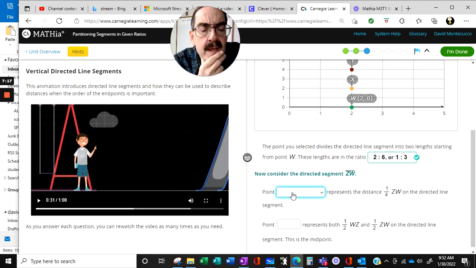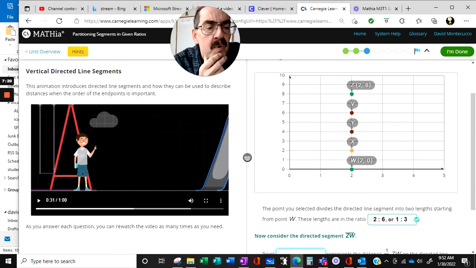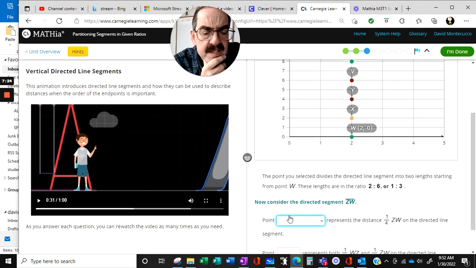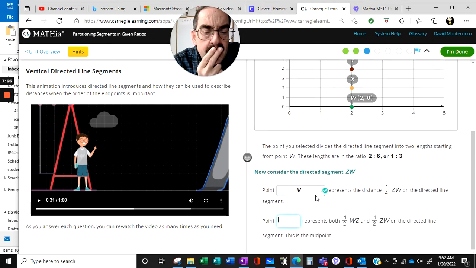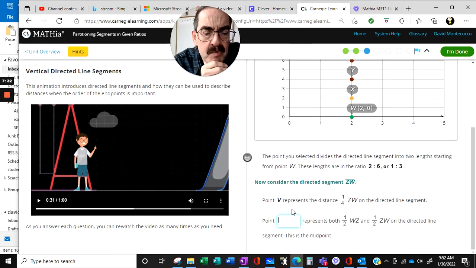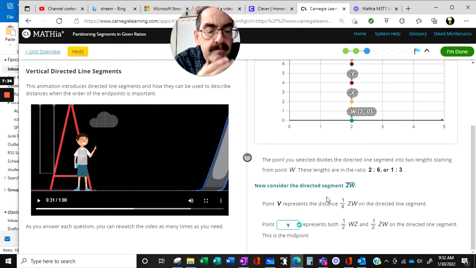Yep. And point 1/4 ZW. I'd say V. Let's try V. And the halfway point would be Y. It'd have to be Y, wouldn't it? Yep. Good. Oh, we're cruising now.